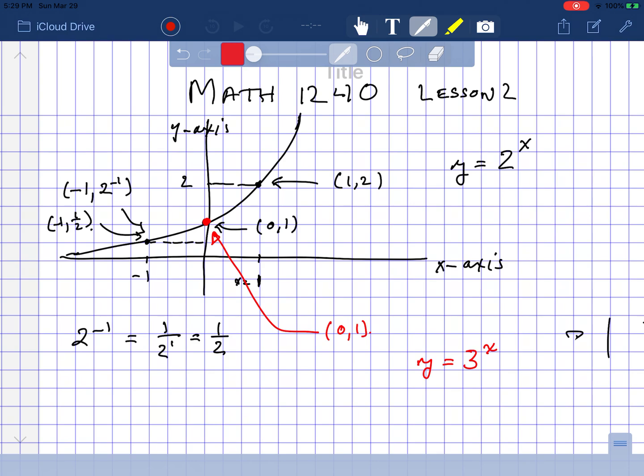And then at 1, here's one of the points where things differ. At x equal 1, I find that the value of y is equal to 3. So 1, 3 here. And then at x equal 2, I can't really fit this on the graph, but we'd be way, way up here.